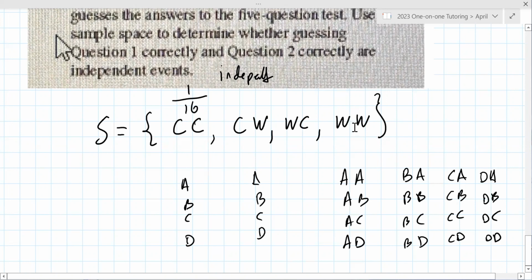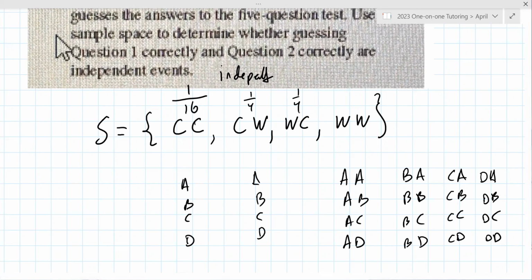Whereas more of them are going to be, okay, you got one right but one wrong. Let's say you got the first one right but the second one wrong, or the first one wrong and the second one right. There's a little bit more there, but most of the time you're getting them all wrong. The probabilities when you get to that will help influence this.